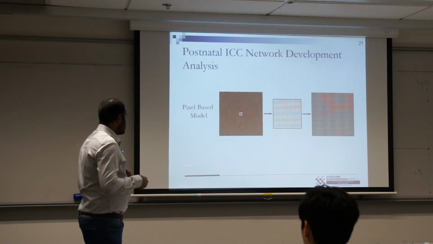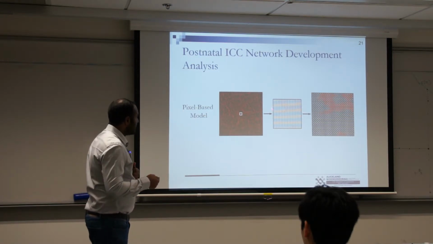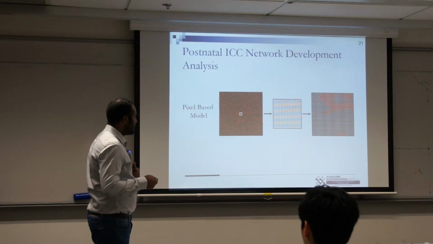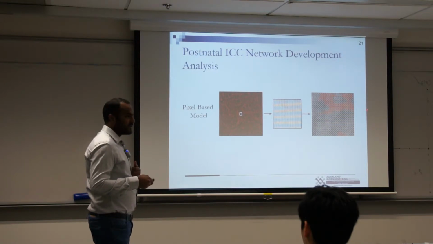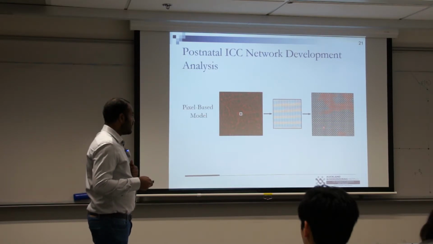So this is the geometrical representation. This is the zoomed in version of this small block, and this is the same block. So each pixel is over here. We obtain the triangular mesh by connecting these pixels together to form a tetrahedral triangular mesh.